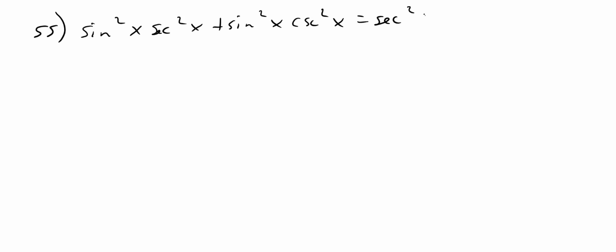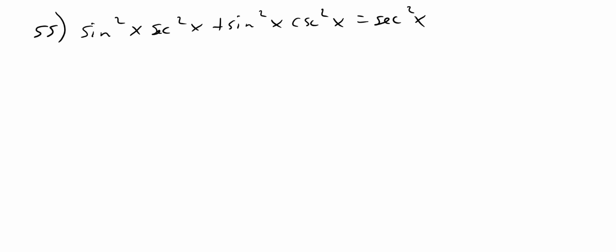Number 55. Whew. It's kind of scary. Okay, sine squared of x, secant squared of x, plus sine squared of x, cosecant squared of x, equals secant squared of x.